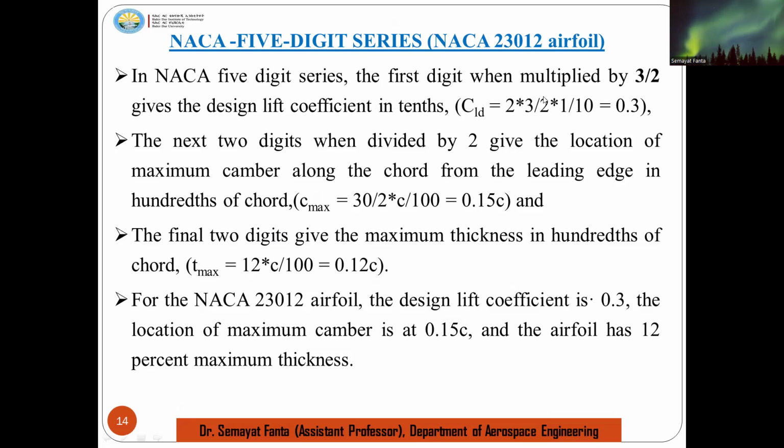So the first digit here, when we multiply it by 3/2, gives the design lift coefficient in tens. The design lift coefficient CLD is equal to 2 times 3/2, where 2 is the first digit.